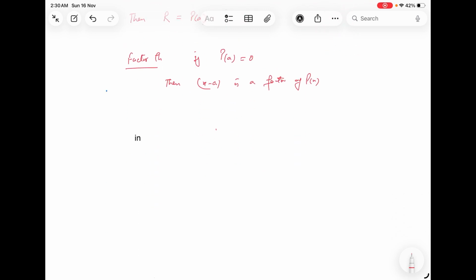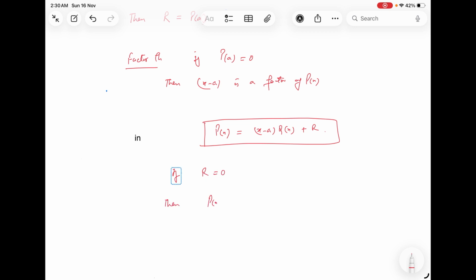See, if I write P(x) in this form, (x minus a) into Q(x) plus r, where Q(x) is the quotient and r is the remainder, and if r becomes 0, then what happens? Then P(x) is simply (x minus a) times Q(x). Clearly it is a factor of P(x), right? So this is all about your factor theorem.